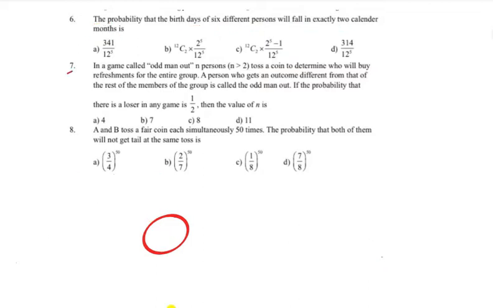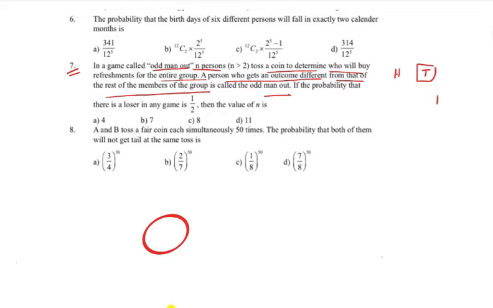So this is another interesting question you can observe. In a game called Odd Man Out, n persons toss a coin to determine who will buy refreshments for the entire group. A person who gets an outcome different from the rest of the members of the group is called the odd man out. Suppose the first person gets head, then all the remaining members have to get tail only.